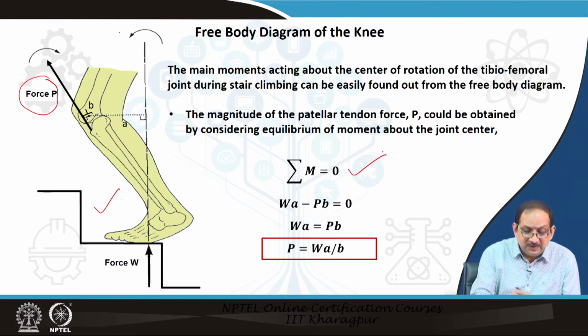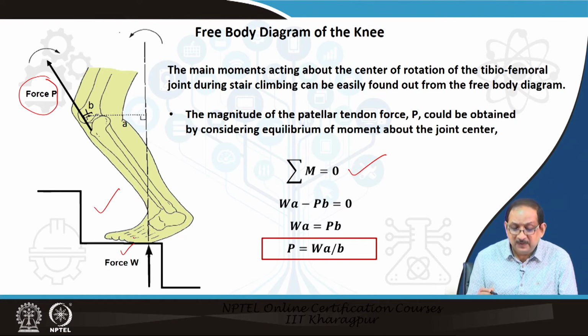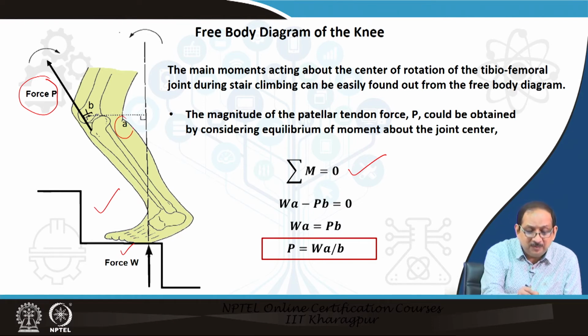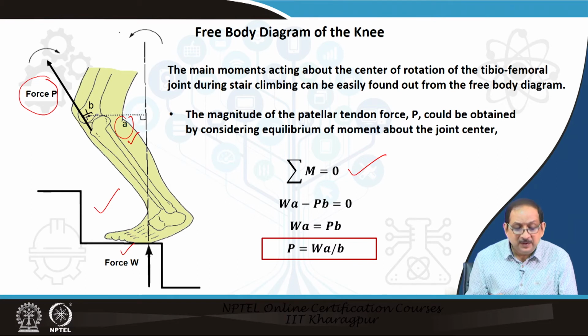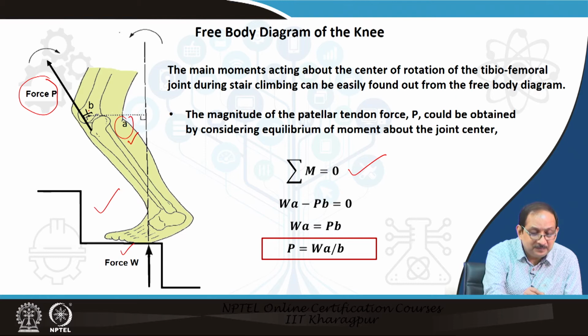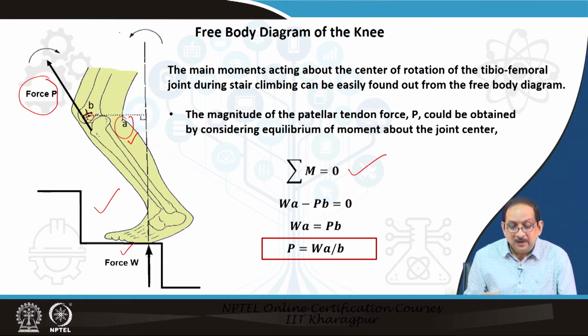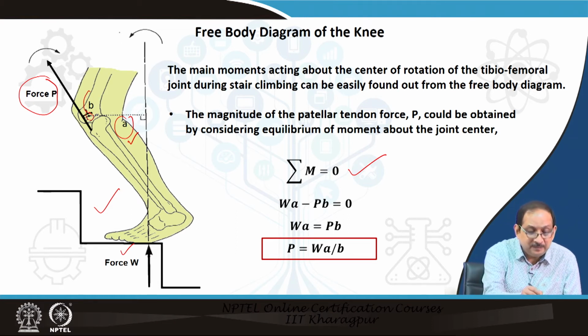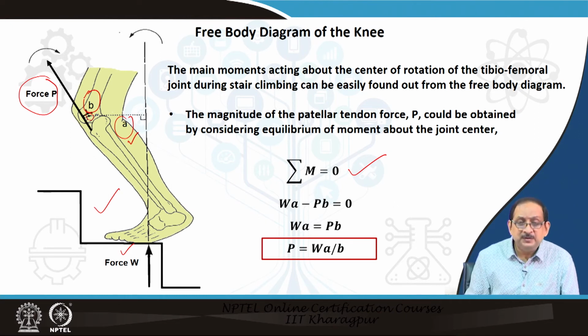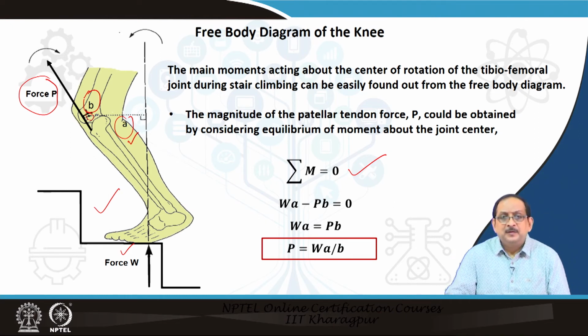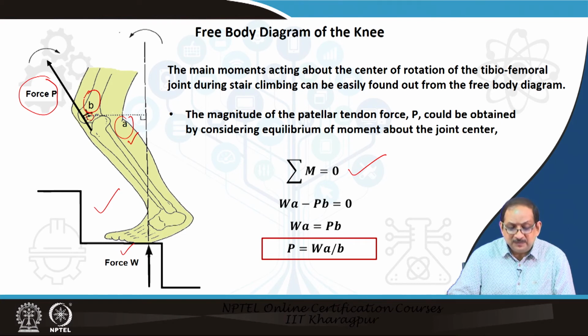So, we have the force W acting through a lever arm A. That creates one moment about the joint center here. There is another force P which is acting through the lever arm B, that is creating a moment in the opposite direction.